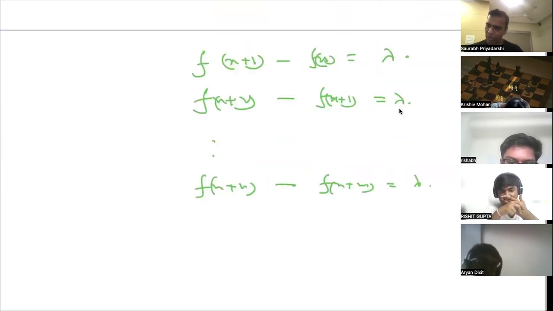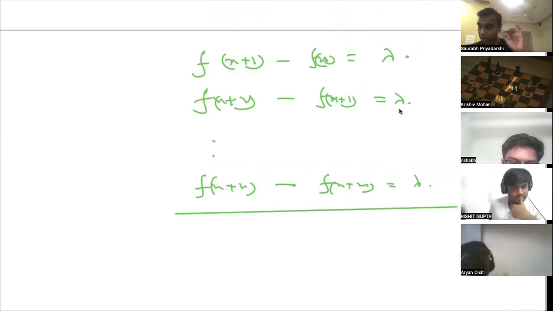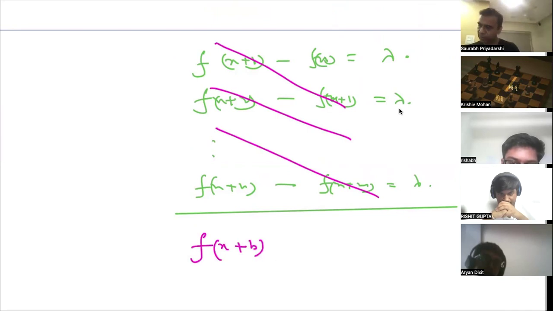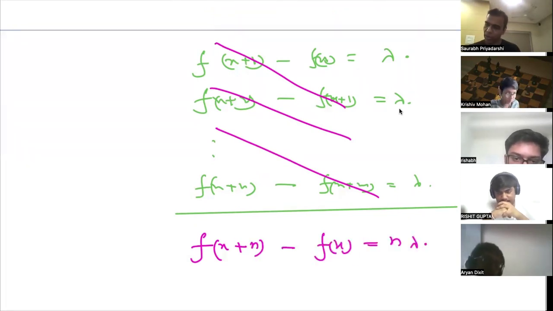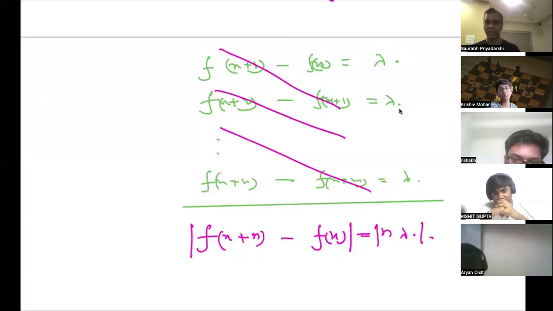If we add all the terms, see, this is a very important point. Everything will be cancelled out. This is f(x+n) minus f(x) is equal to n lambda. Taking mod on both sides, now I'm getting the things.